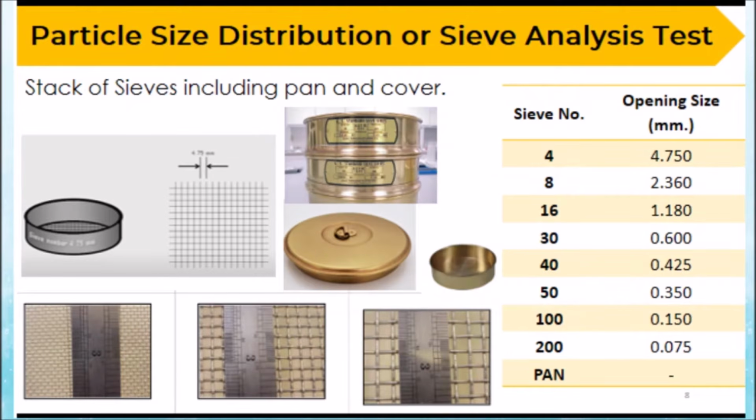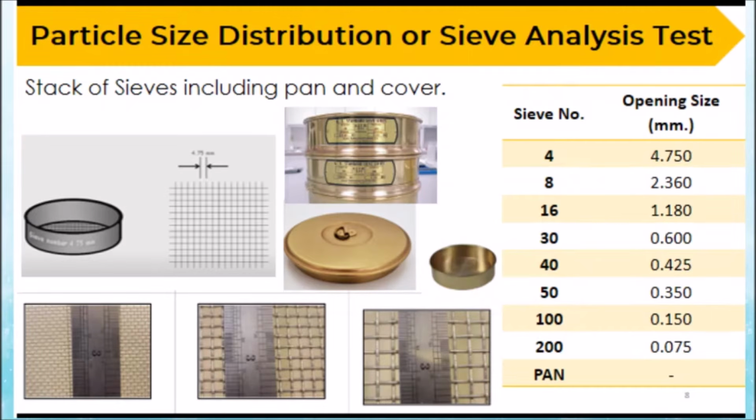So, in particle size distribution or Sieve analysis test, we use a stack of sieves. Sieves are actually strainers with various sizes to characterize and classify aggregates. In our CE laboratory, these are the sieves that we have. Presented in the table are the sieve number and opening sizes or yung size ng mga butas.